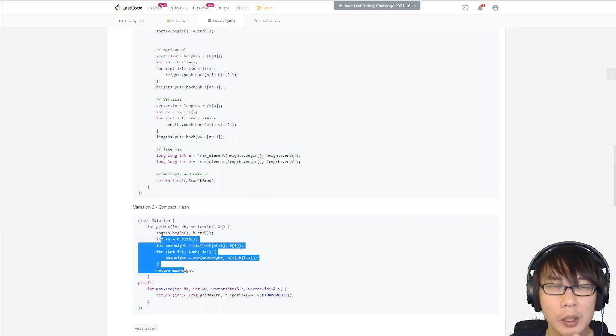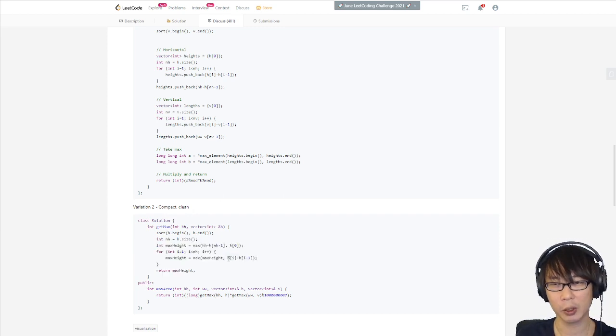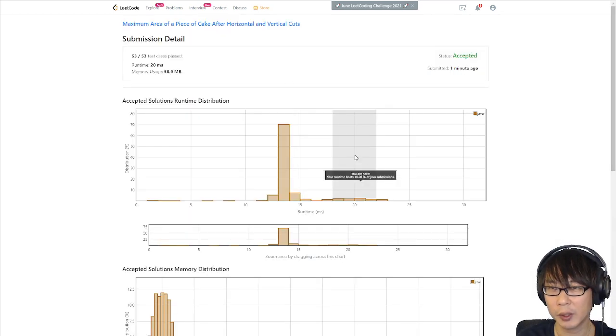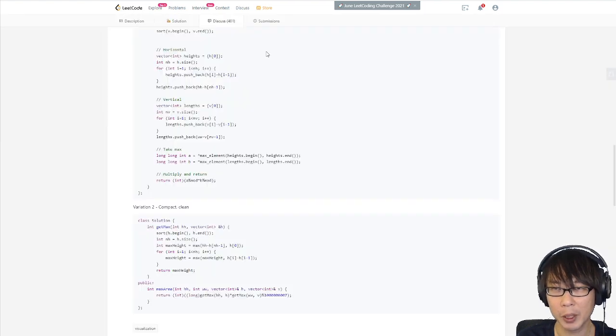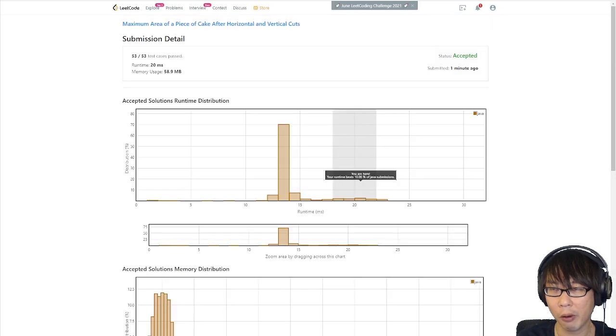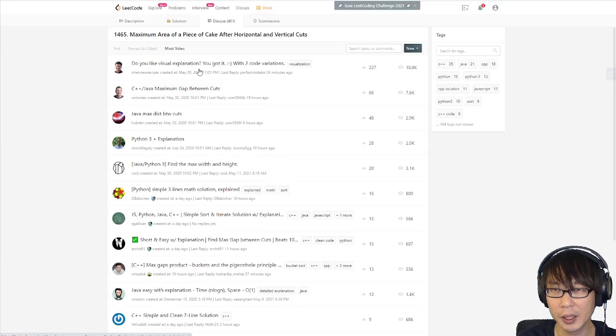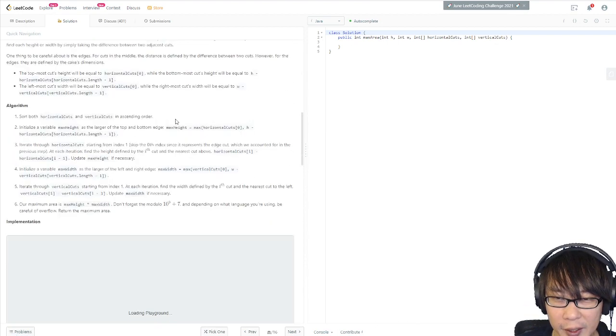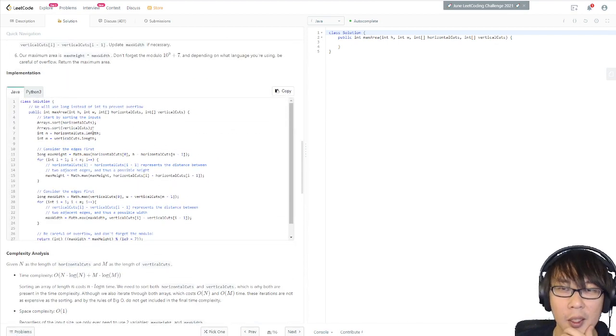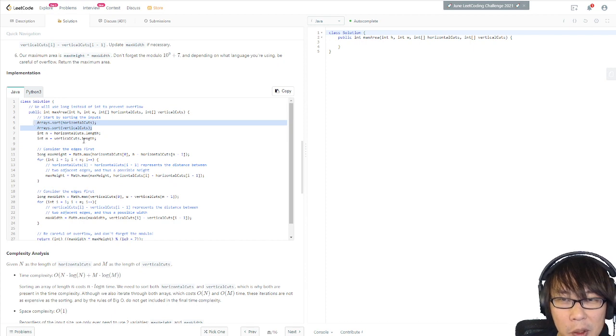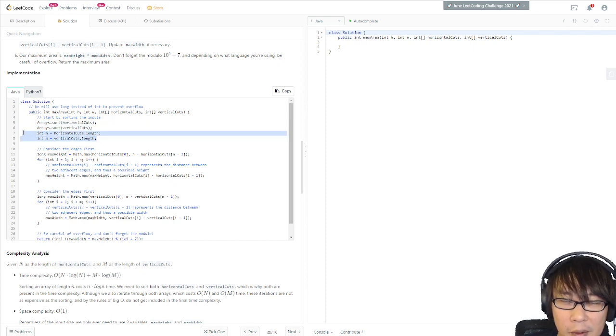Yeah, I think the algorithm is pretty much the same. I just don't know why my usage of the time and space is quite bad compared to other people. Yeah. And the space usage is so bad that I decided to read the official solution. Yeah, but it's similar. I sort both of them, and then you're declaring the length, and then I do.